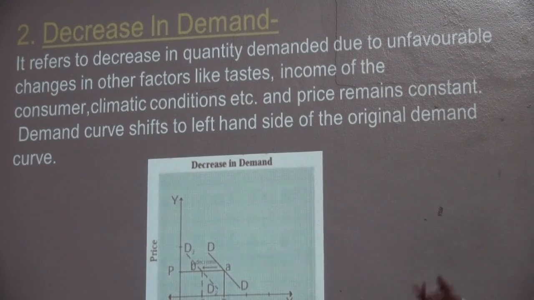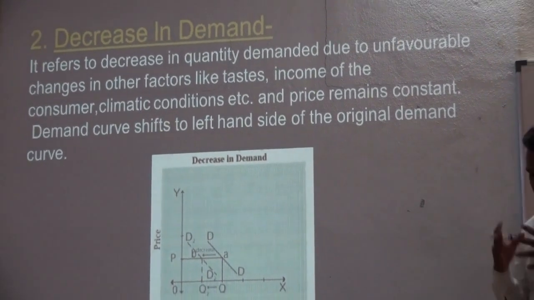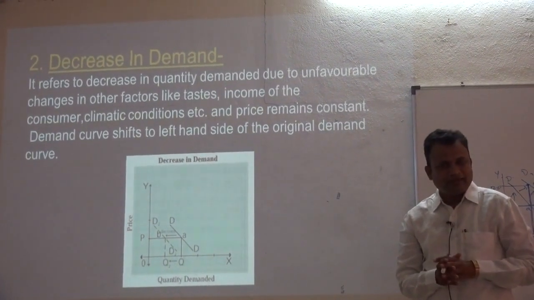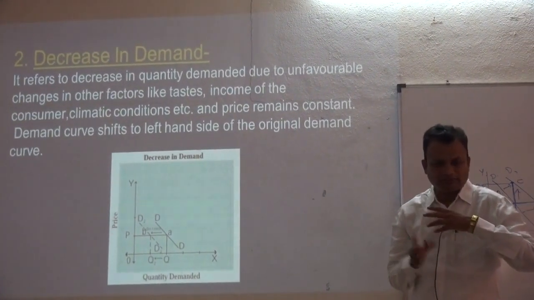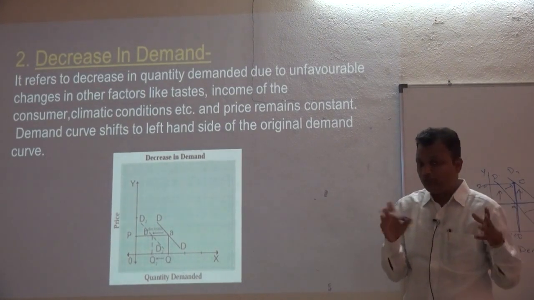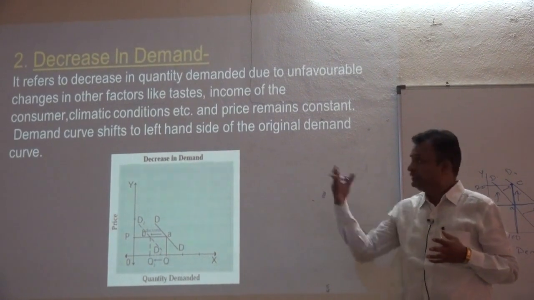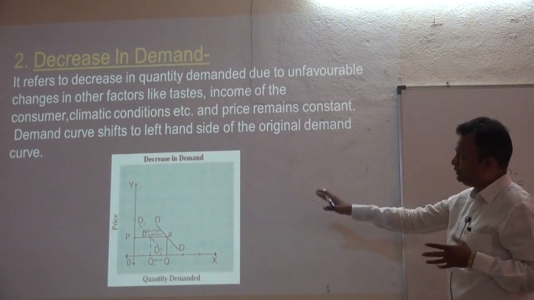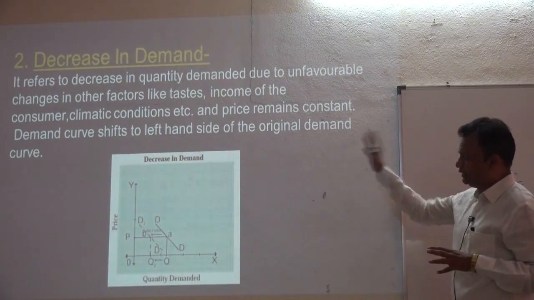The rest of the factors means the factors which decide the income level. If price remains constant, and the rest of the factors change, due to unfavorable changes in the rest of the factors, if demand falls down, there is said to be decrease in demand.